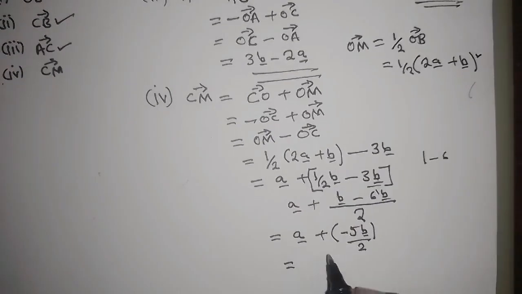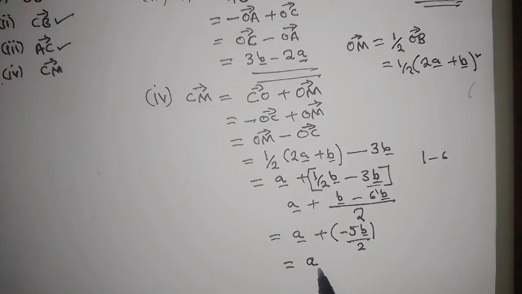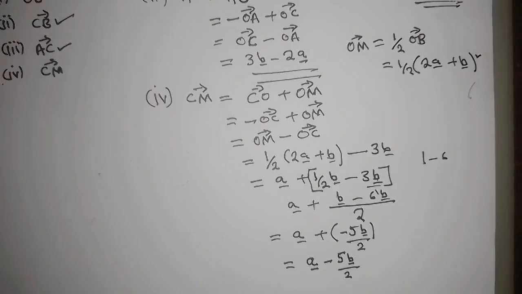So we can clean this up: vector A minus 5 vector B over 2.